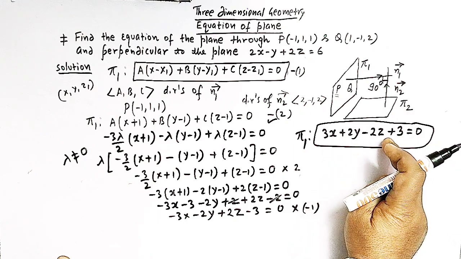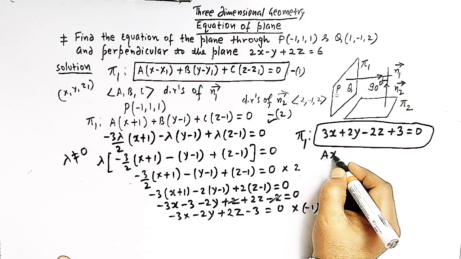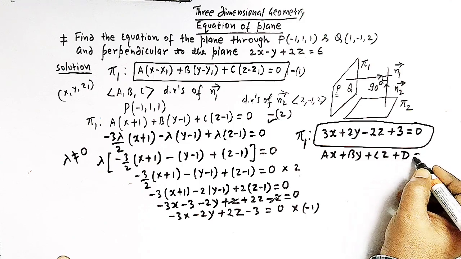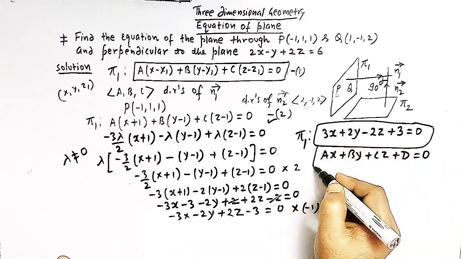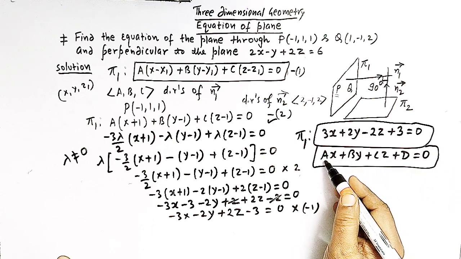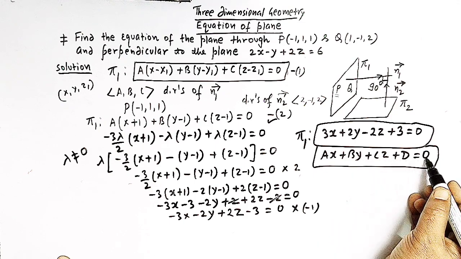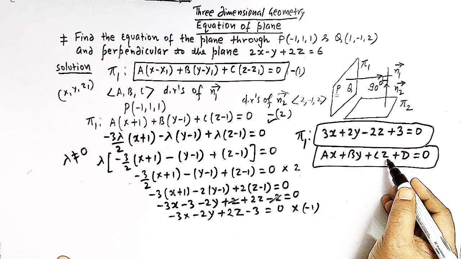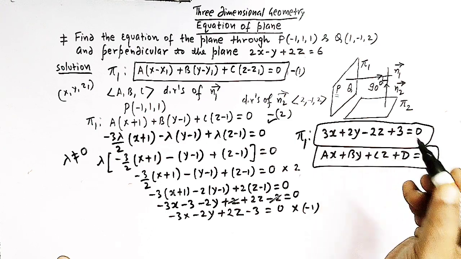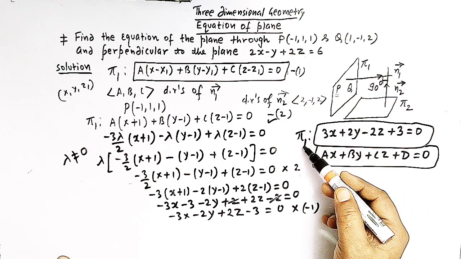And we can see that this equation is of this form, that is ax plus by plus cz plus d is equal to 0, because the equation of any plane can be expressed by this equation of this form, ax plus by plus cz plus d is equal to 0. So this is a first degree equation in x, y, and z, and a, b, c gives us the direction ratios of the normal vector to the plane pi 1.